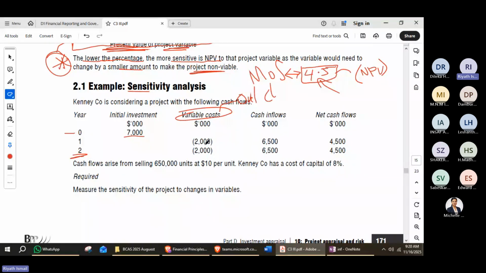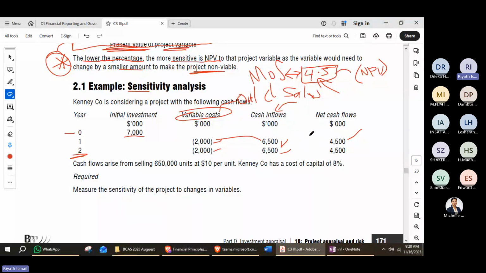In the first year it is 2 million and in the second year 2 million. Cash inflows come from sales: in the first year 6.5 million and in the second year 6.5 million. The net cash flow is 6500 minus 2000 equals 4500.